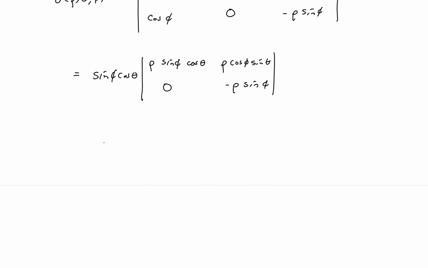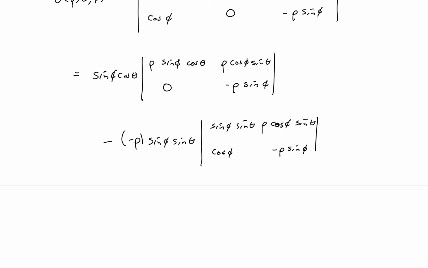And then we do minus, and then the next one is going to have a negative rho sine phi sine theta, and then the determinant that's left over is sine phi sine theta, rho cosine phi sine theta, cosine phi, and then minus rho sine phi.